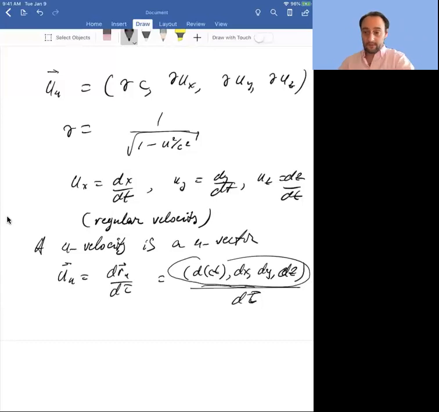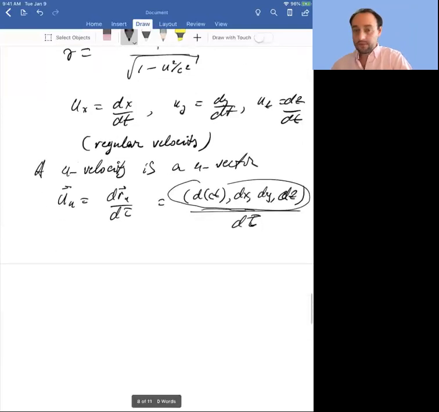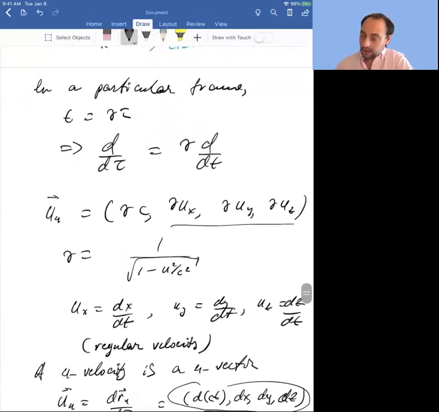So it's a very natural extension to space-time. Now, the three spatial components of the four velocity, as we discussed before, are gamma times the ordinary velocity of a particle measured in some particular frame.